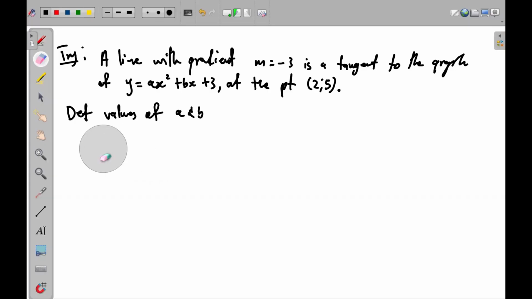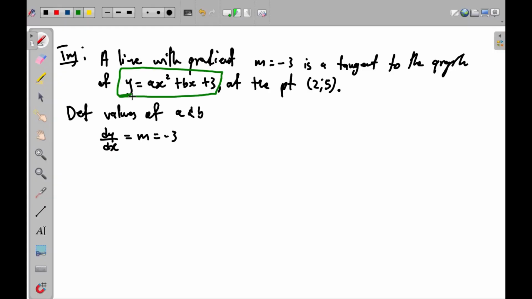So it's important to note that in this case, we're going to say dy/dx is actually the gradient, which is -3. Now, what is dy/dx? Again, you see why it was important to know how to differentiate with respect to other letters.